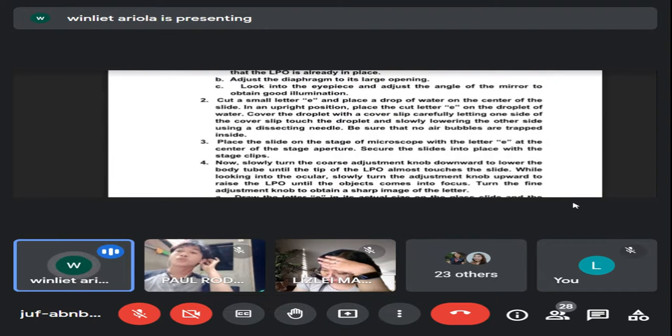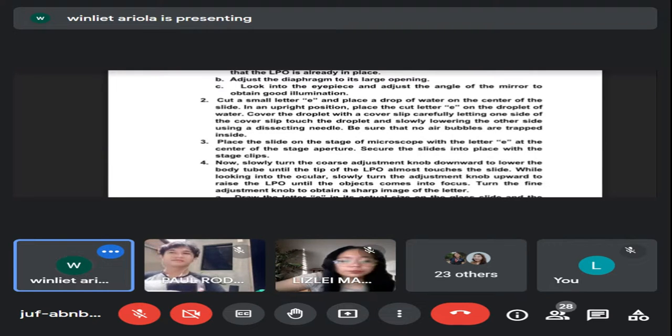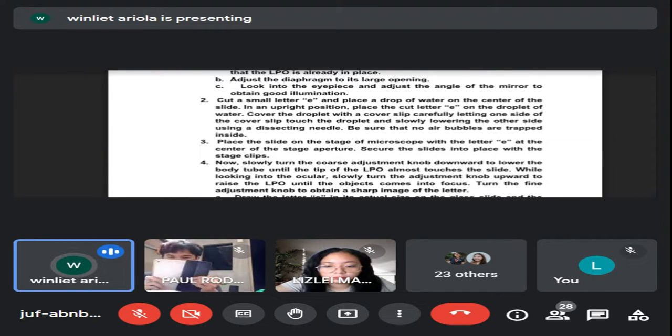So kapag nilagay nyo naman 9 o'clock, it will give you 3 o'clock view. Okay, it's always the reverse position, no? Kapag going to 6 o'clock siya, so ma-view ninyo going to 12. Pag going to 3 o'clock siya, when you put it under the microscope, you will view it going to 9 o'clock. Okay, so yun lang ang tandaan ninyo for that one.